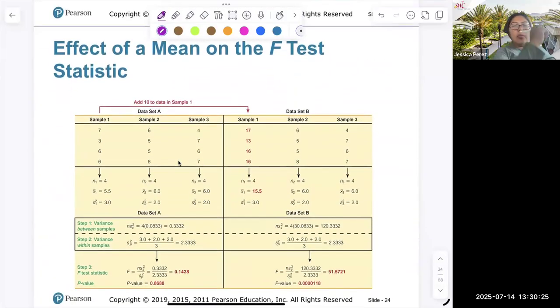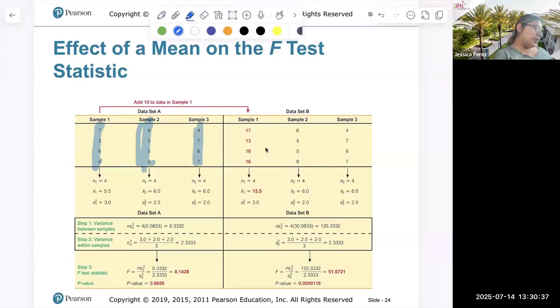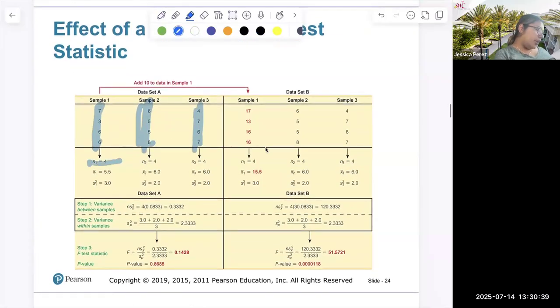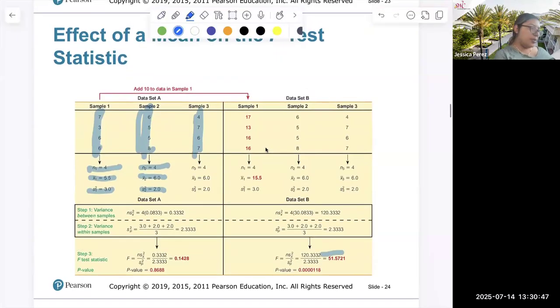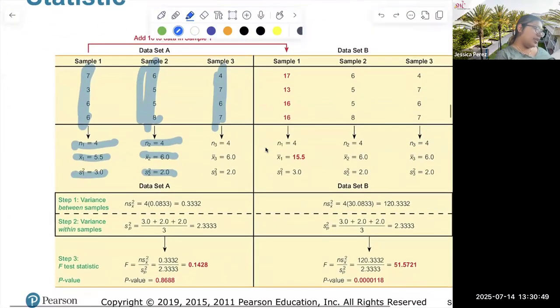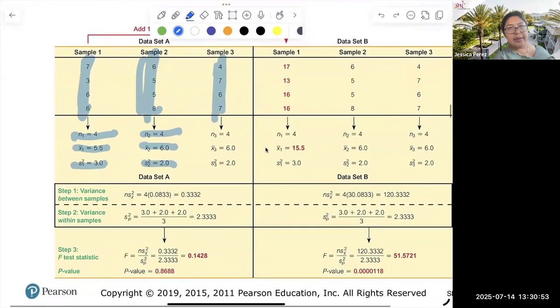So right now we are going to look at the table. We are separating data set A and data set B, looking at sample 1, sample 2, sample 3. We are going to look at each of the individual columns. N1 has 4 inputs. We find the sample mean for the first sample, 5.5, and the standard deviation for this data.